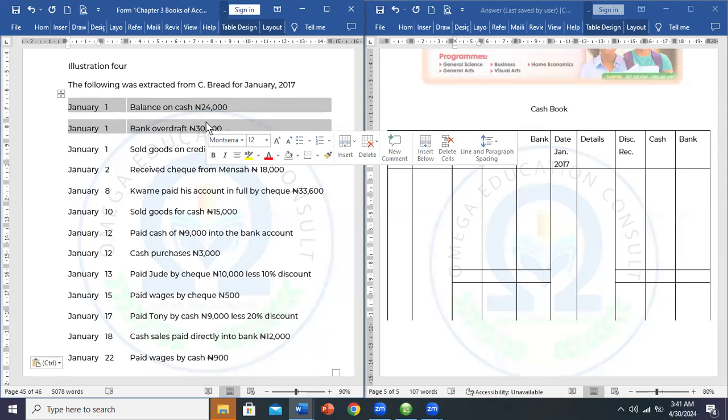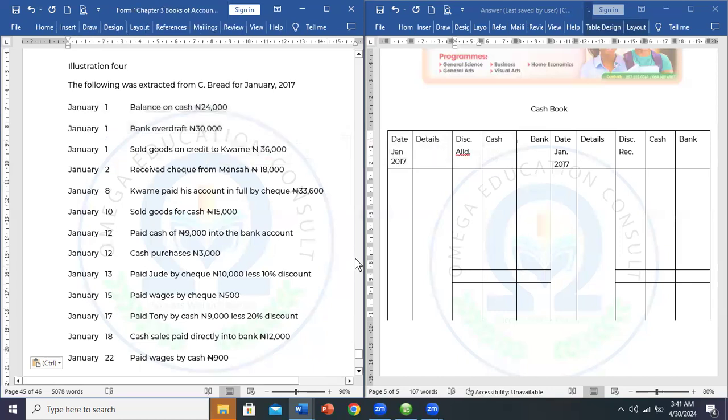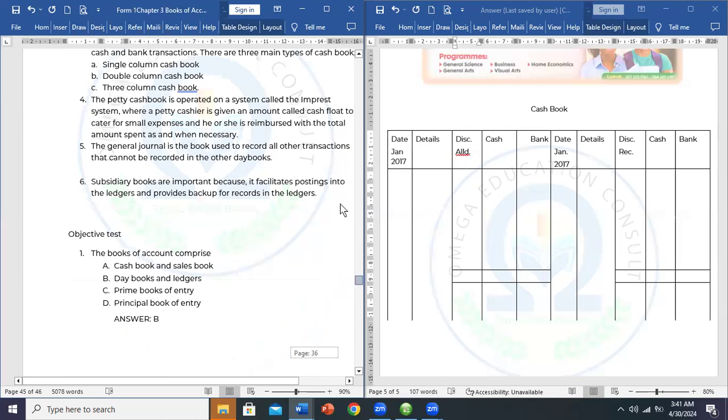But then the bank overdraft. A bank overdraft is a balance on the bank that behaves or has a credit balance. So let me take you back and speak about this bank overdraft well. You can note it somewhere that our bank account can assume a credit balance.